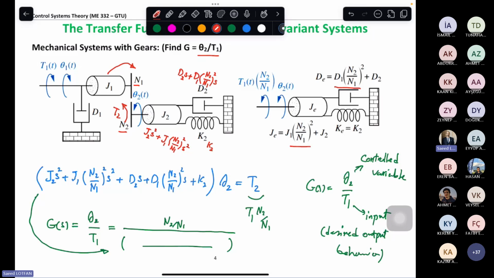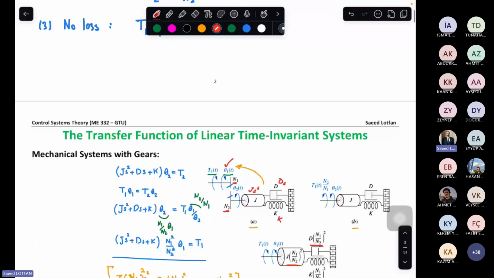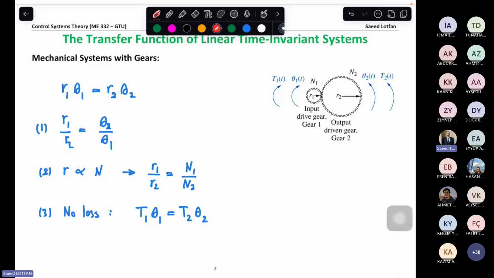Now I want to write something in terms of T1 instead of T2. In order to do that, I have to use these relationships. I know that R1 theta 1 is equal to R2 theta 2. So R is related by theta. And R is also proportional to N.